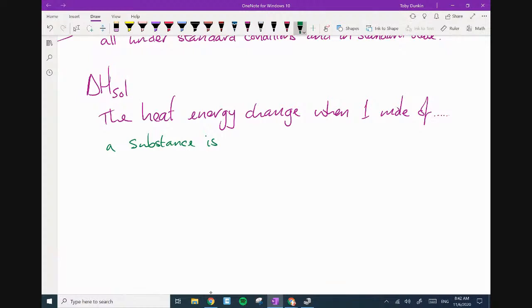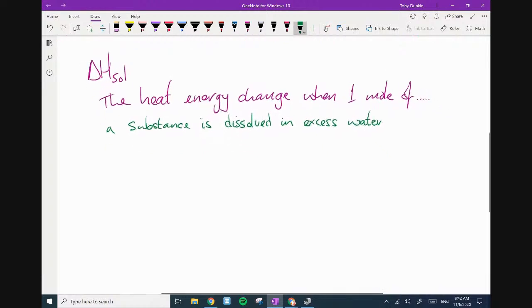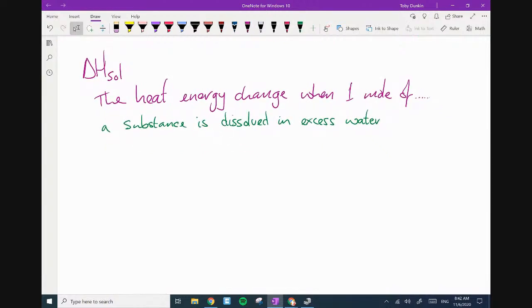is dissolved in excess water. That kind of covers it, to be fair.